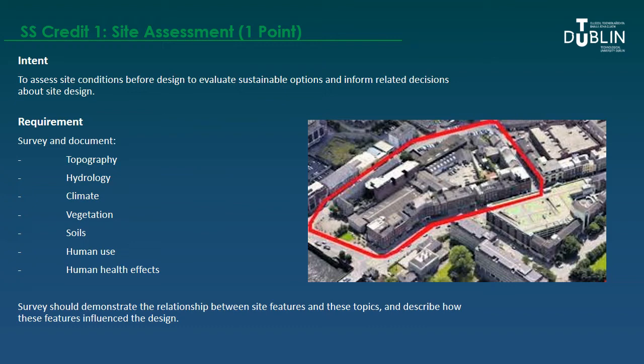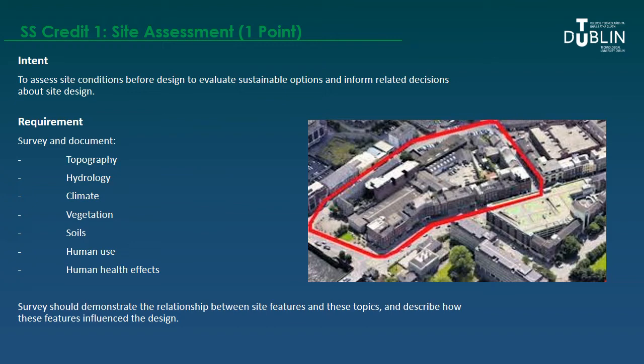Human use would be maybe things to do with views or what's adjacent to the site, so neighbouring properties, or is there any materials that could be reused or buildings that are being reused or dismantled, etc. And any health effects. So is there sources of pollution nearby, or is there a park nearby that would be a good opportunity for physical or mental health for the users of the project, etc.